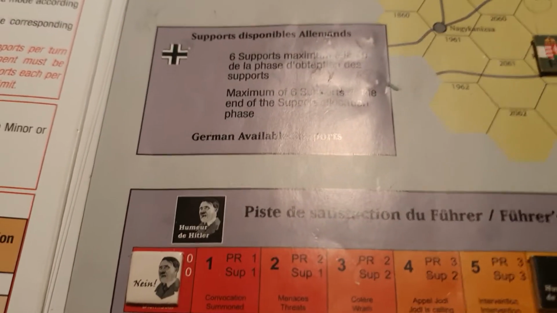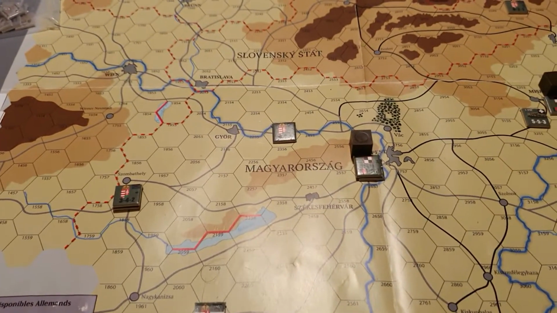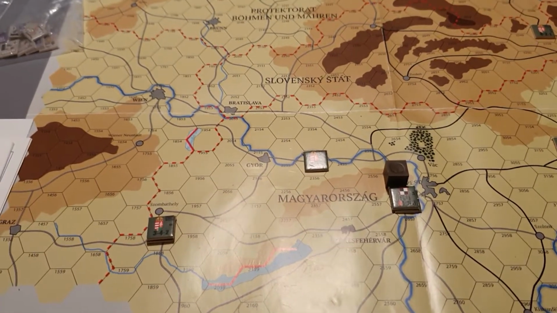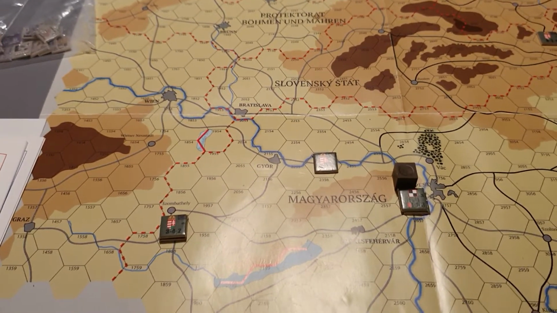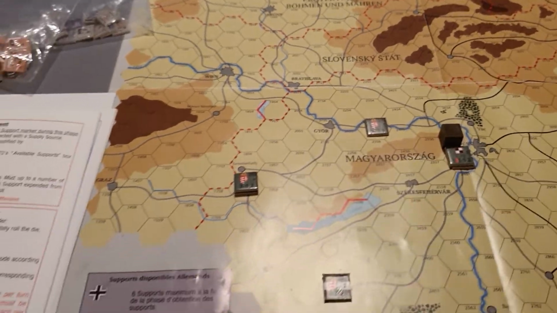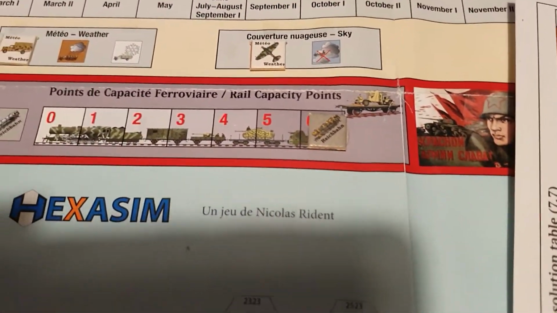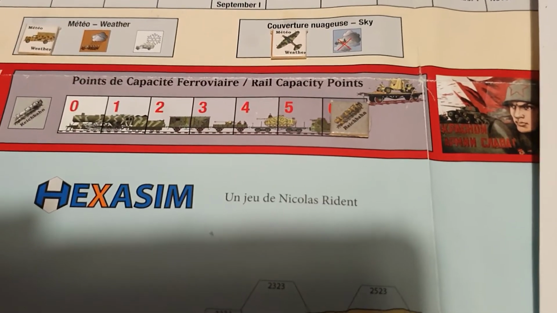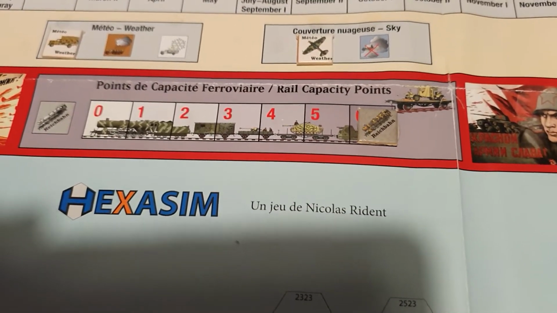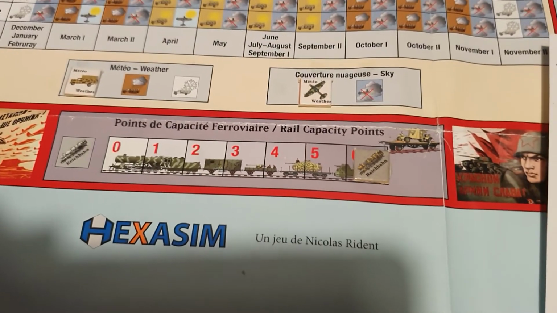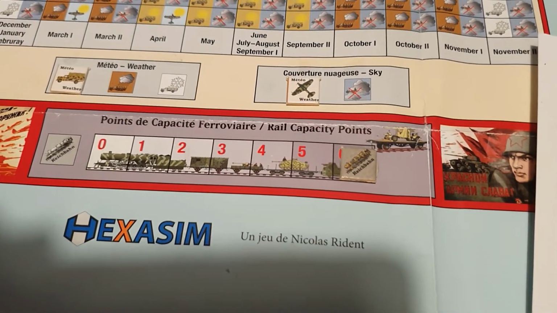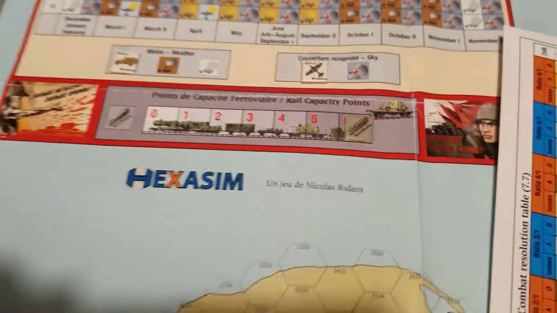Another thing to look at is rail. Even though Operation Bagration, you start with a rail capacity of 2, it goes up to 6 from then on, and there's marked on this track up here. I've already discussed that, but basically any division equivalent costs you 1 rail point to move, and if you've got an armoured division, it will cost you 2 rail points.